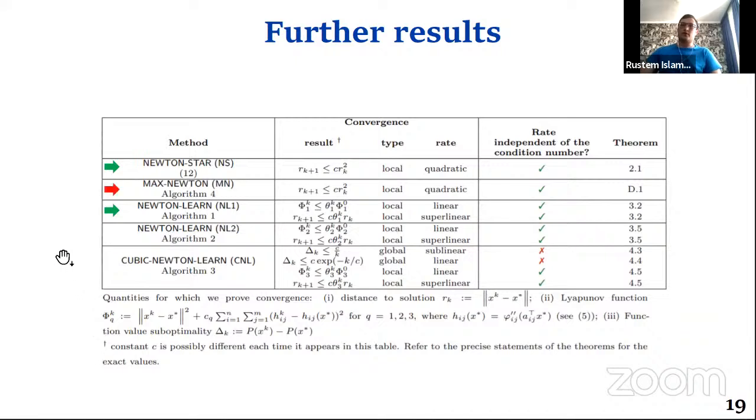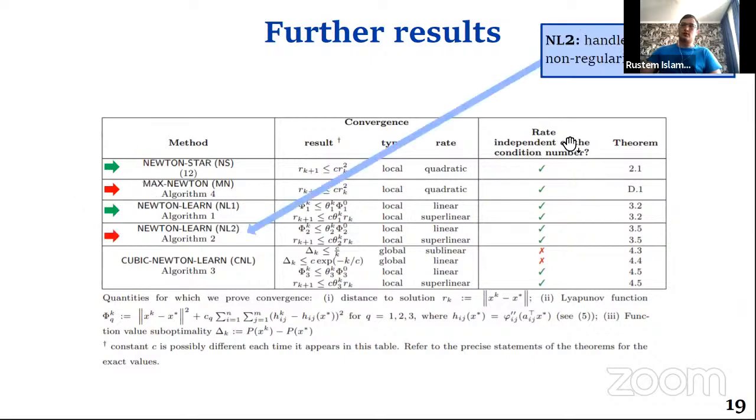We also have a modification of Newton Star, which we call Max Newton. We also assume that the Hessian at the optimum is known, but we create the matrix a little bit differently for the Newton step. This Max Newton method leads to the second Newton Learn algorithm, or just NL2, which handles the case when the regularization parameter lambda can be 0.